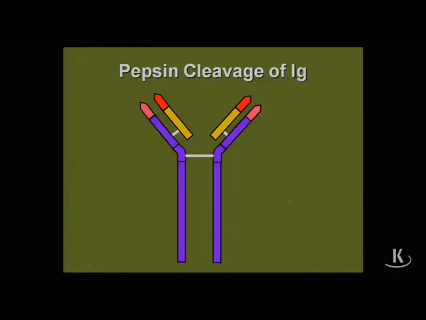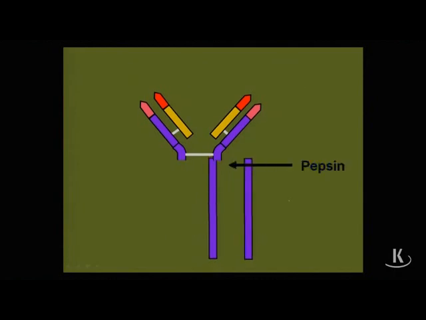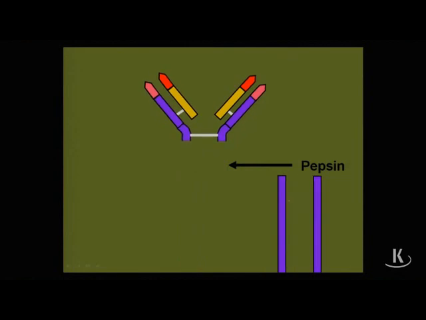So how are you going to remember this? You're going to know that pepsin cleaves below that disulfide bond that keeps those 2 Fab fragments together. We're going to get 2 separate fragments, the F(ab')2, which is bivalent, and then your constant region. The constant region gets degraded, and what you're left with is a nice little cup formation.